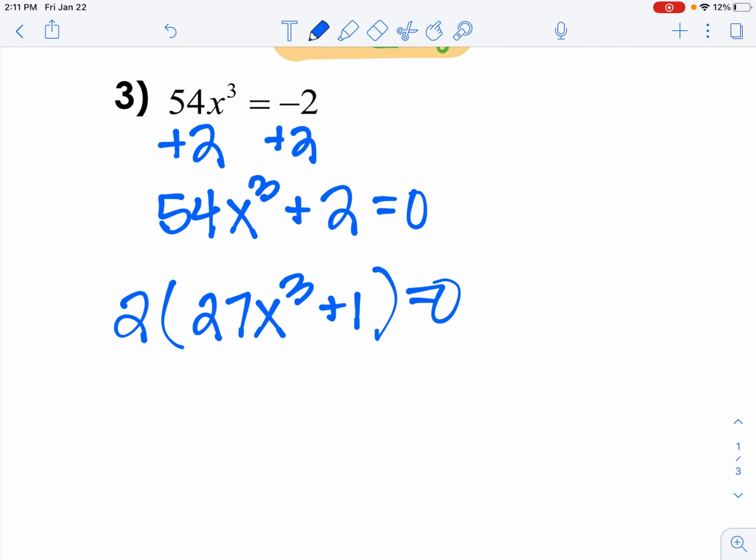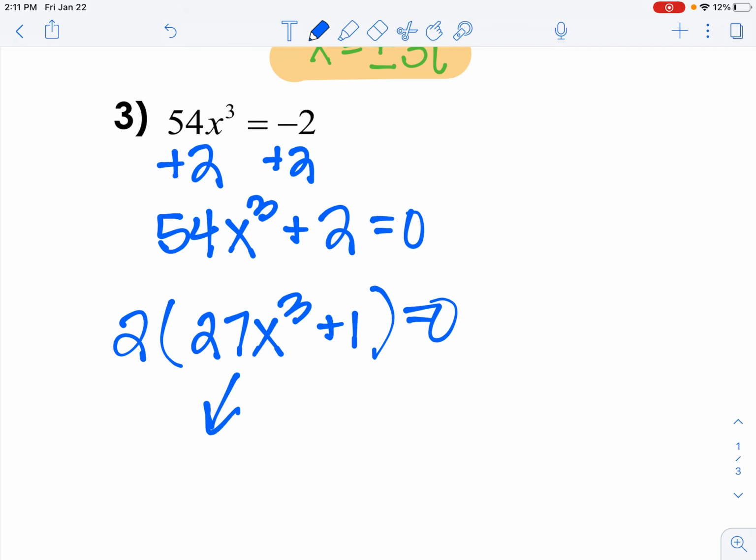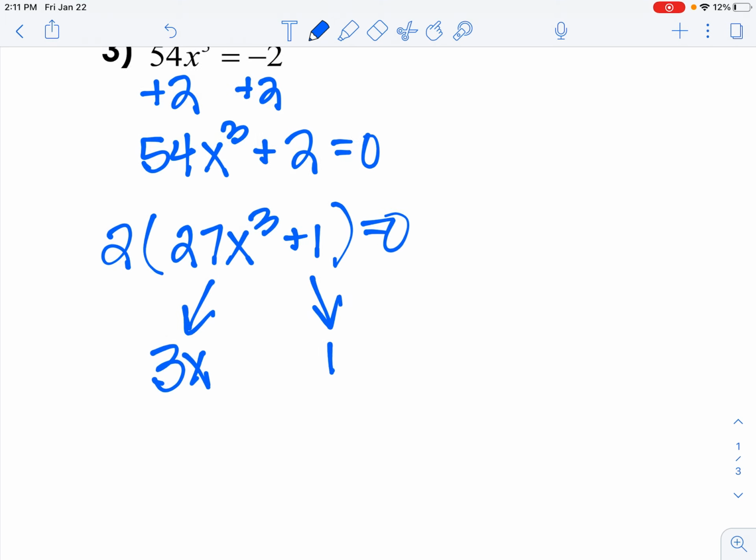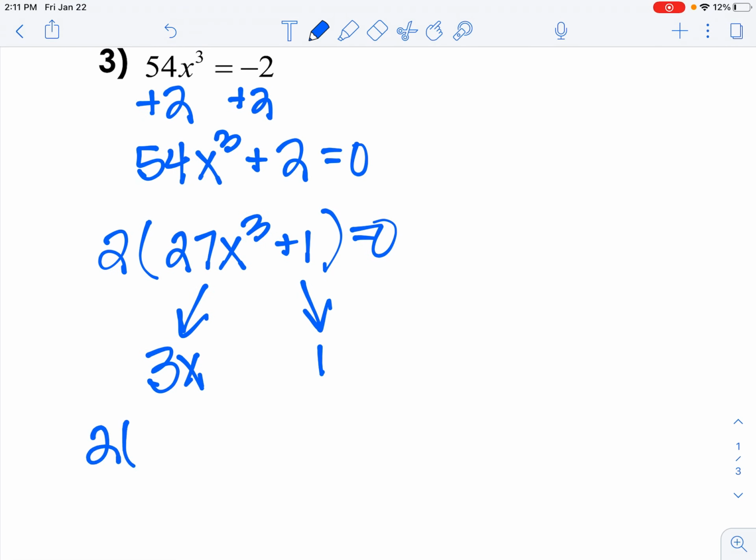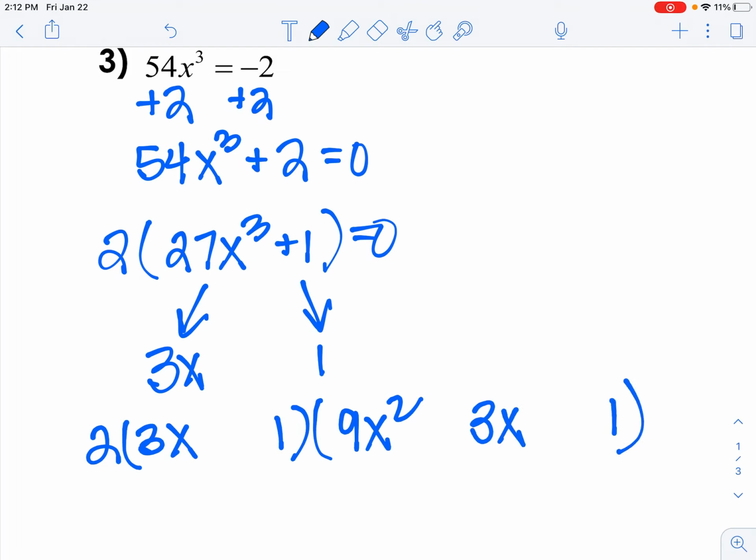And that is a sum of two cubes. This guy is 3x. This guy would be 1. So I'll say 2 times 3x and 1. 3x squared will be 9x squared. 3x times 1 is 3x, and 1 squared is 1.